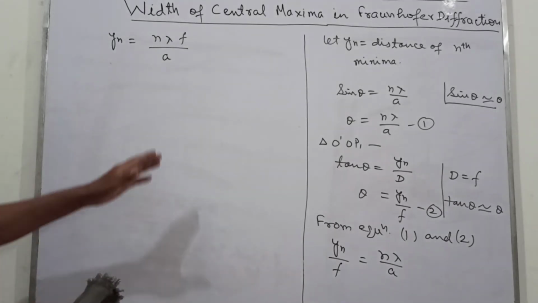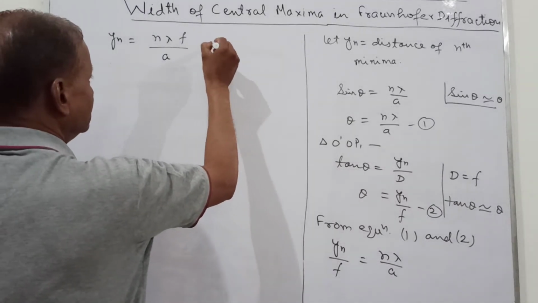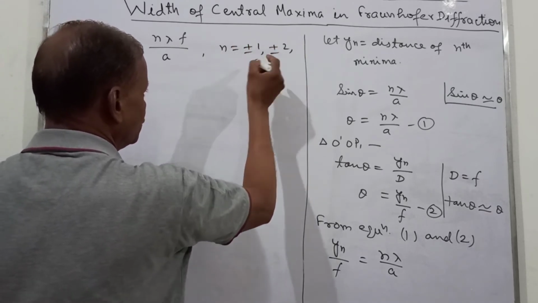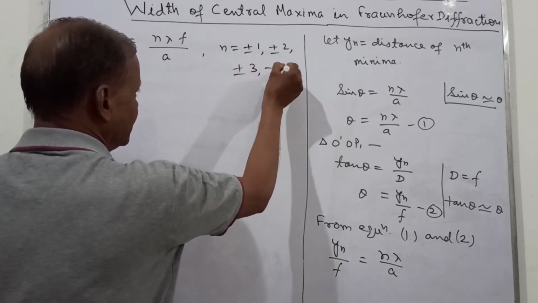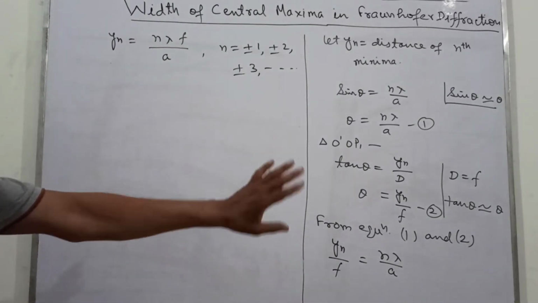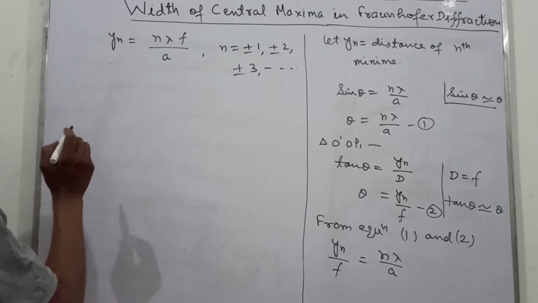Now suppose we have n equal to plus minus 1, plus minus 2, plus minus 3, and so on. So we can have the distance on both sides of the central maximum. In what way?